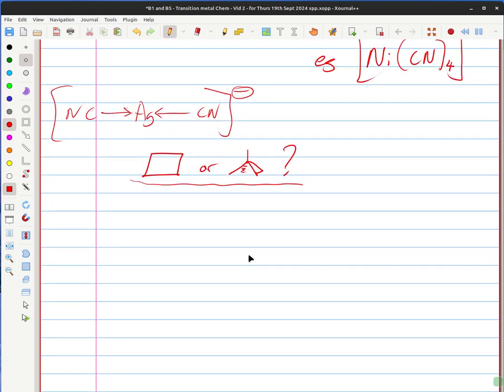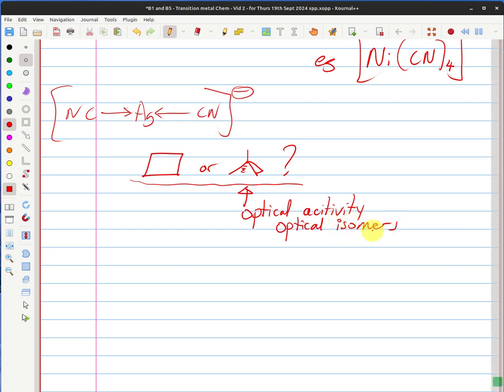Well, this one shows, or it can show, optical activity, i.e. you can get optical isomers, here we get geometrical isomers.